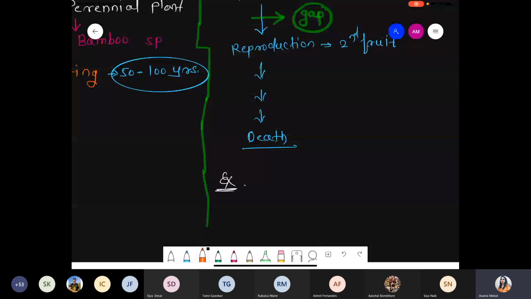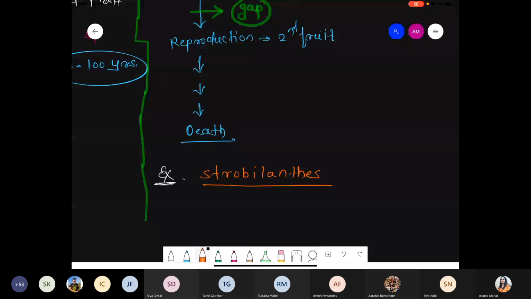If you can, take the image and share it inside the chat box quickly. So in this condition, what happens? We are talking about a very favorite example actually, that is Strobilanthes kunthiana. Kunthiana, and the common name is also called Neelakurinji.